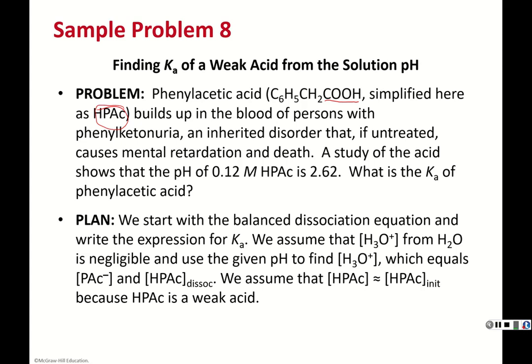So this might seem kind of challenging at first. So let's go through this. Where do we start? Remember, first and foremost, we need to write a balanced chemical equation. So we have our phenylacetic acid shown here plus H2O. It's in solution.